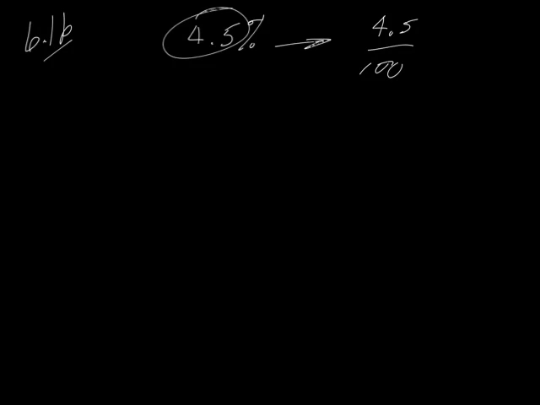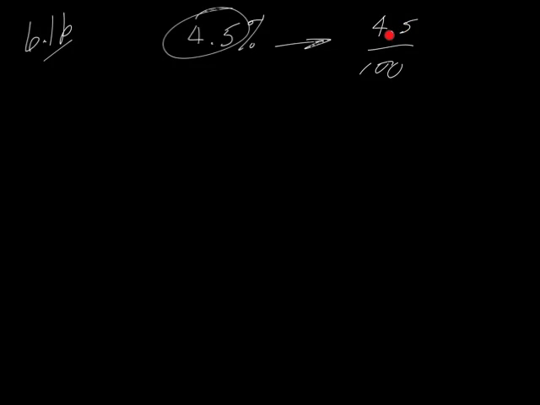So this is where I do it a little bit different than what the book says. In order to change this to a fraction in lowest terms, we have our fraction here, but we never like to have a decimal in a fraction. So it's not really in lowest terms. So what I do is I count how many numbers are to the right of my decimal. In this case there's 1.